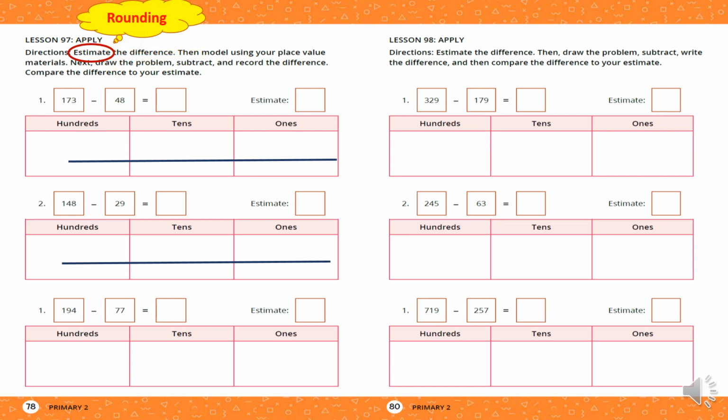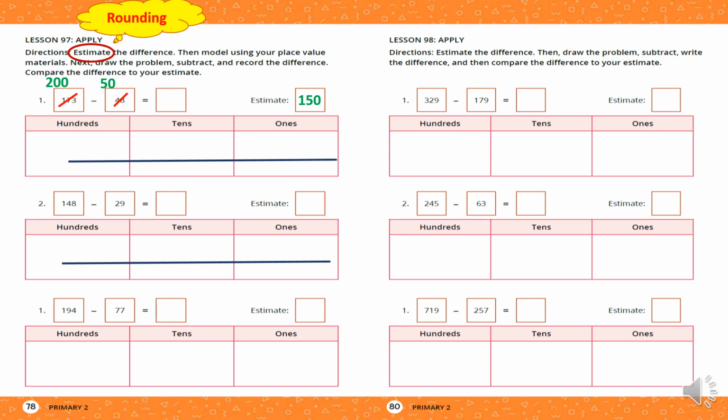In the first question, if we estimate 173 using rounding, it will be 200. If we estimate 48 using rounding, it becomes 50. Now 200 minus 50 equals what? 200 minus 50 equals 150. This is the estimated result.